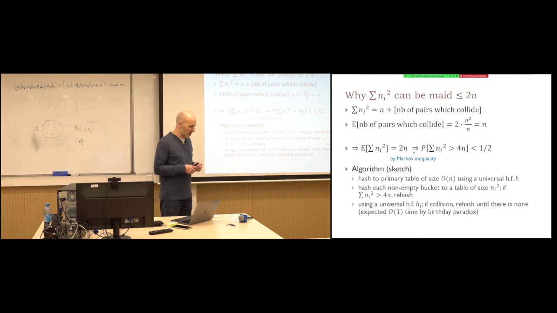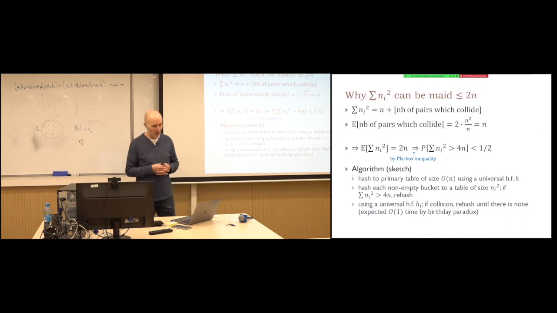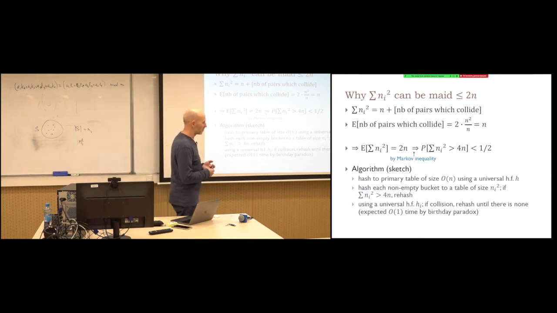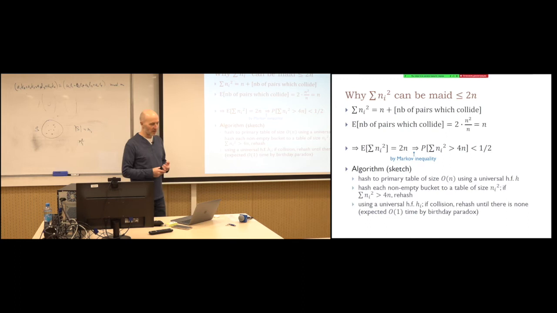So we now have a constant time lookup. We can now look up an object and access an object in worst case constant time. But we have some price, right? The price is first that the set is static. So this is one price that we paid for it.